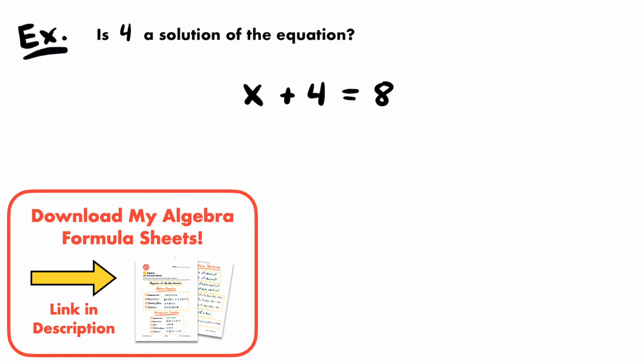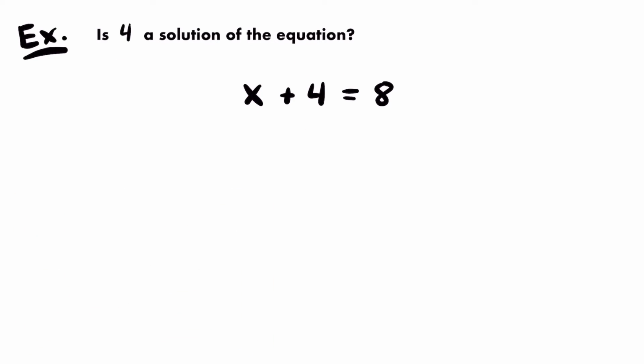So if we want to check to see if 4 is a solution of this equation, we want to plug in, or substitute, 4 for x. Replacing x with 4 gives us 4 plus 4 equals 8. Simplifying, if you add 4 and 4, you do get 8, so we have 8 equal to 8.